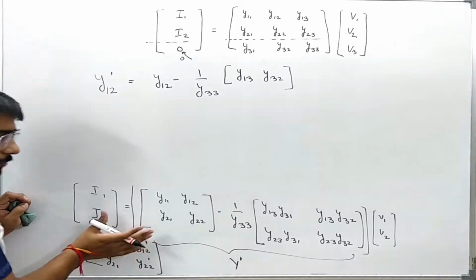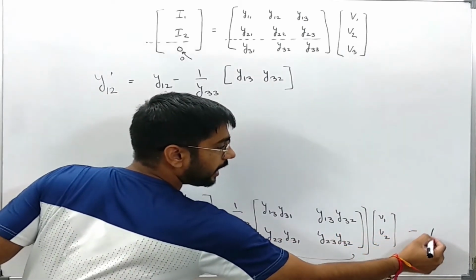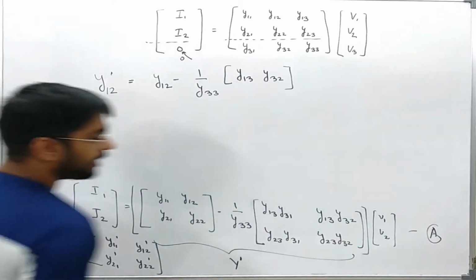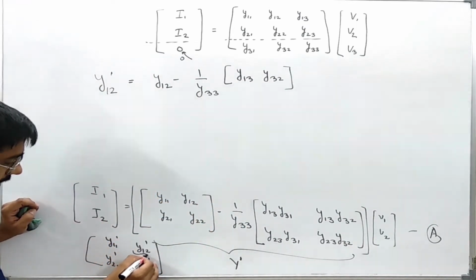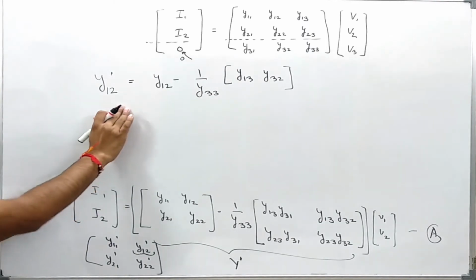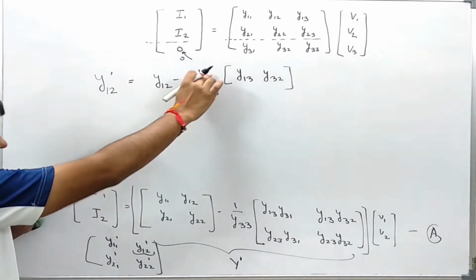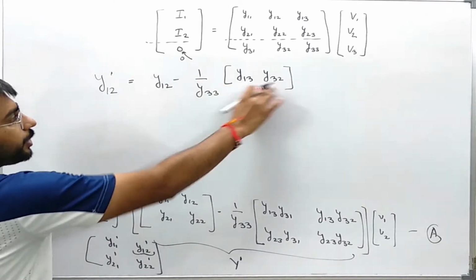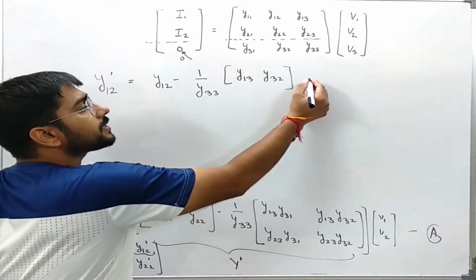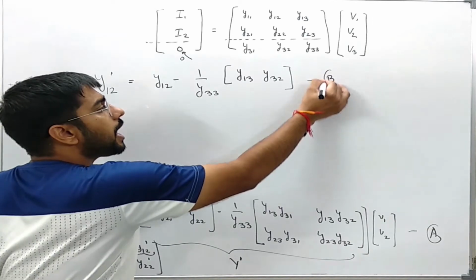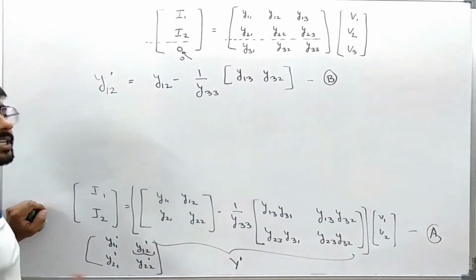You can see that from, let us say, this is equation number A, I have written this element y12 prime as y12 minus y13 y32 divided by y33. From this equation, let us say this is equation number B, I can make a generalization.